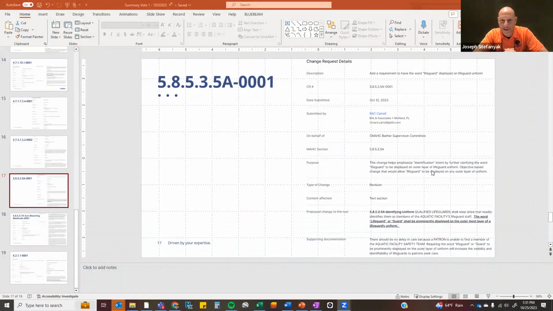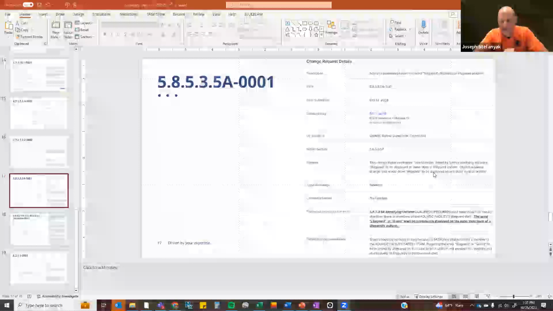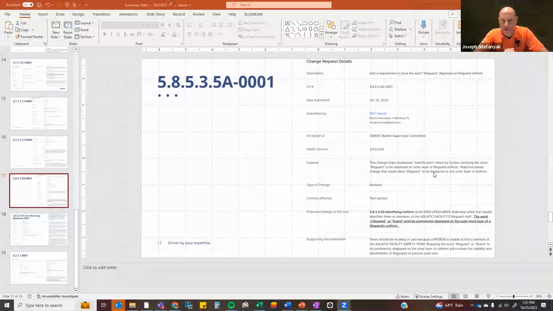So you may have attendants that look very similar to lifeguards, especially at splash pads and things like that. I think it's important that the patrons can recognize who is a guard so they know exactly who to go to for what help. I don't see it as a negative. There probably are other ways to identify them, but I think this is pretty standard to have it labeled this way. So I would be in favor of this change.